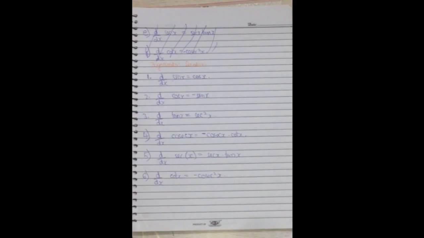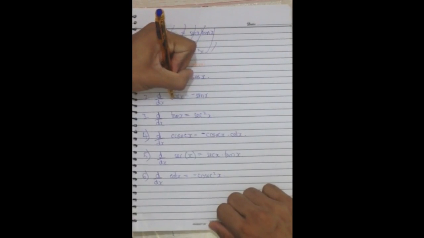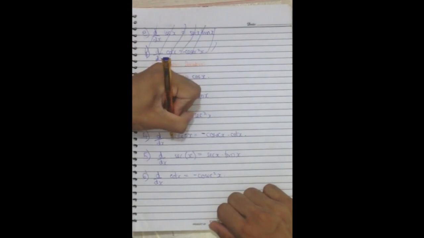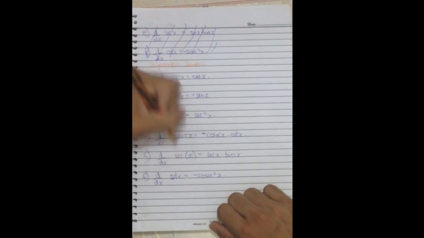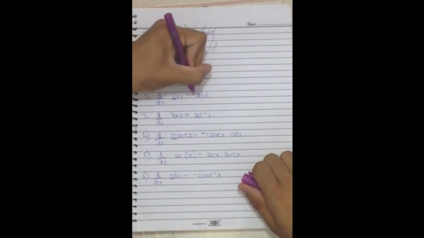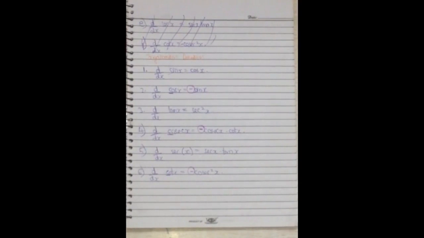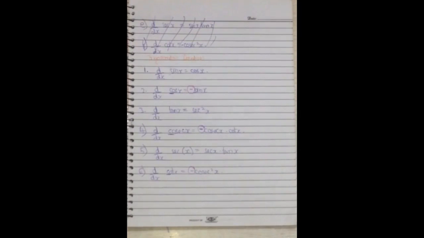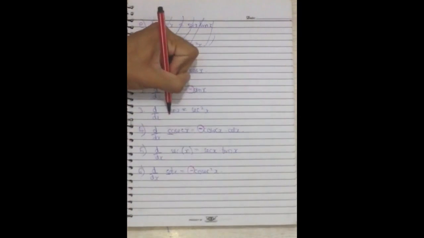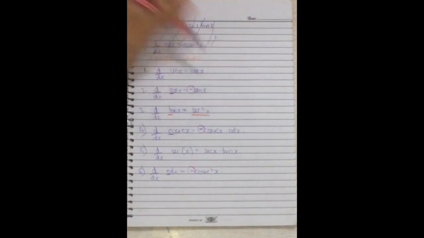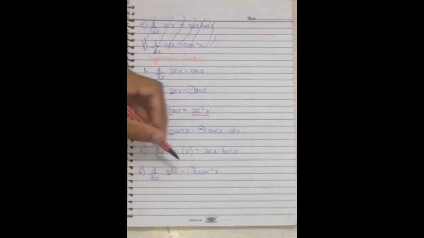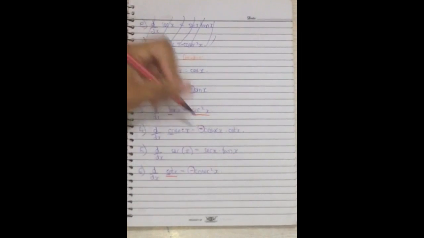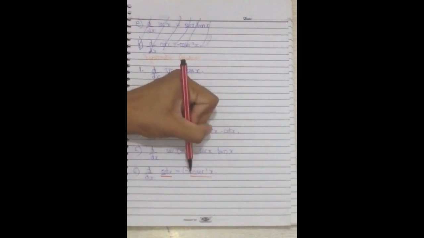First of all, as you can see, all of the co-functions, so cos x, cosec x and cot x, have a negative sign with them. Another really interesting way to remember is that tan x has the derivative of sec square x, while the 1 upon tan, or cot x, has the derivative of cosec square x with just a negative.